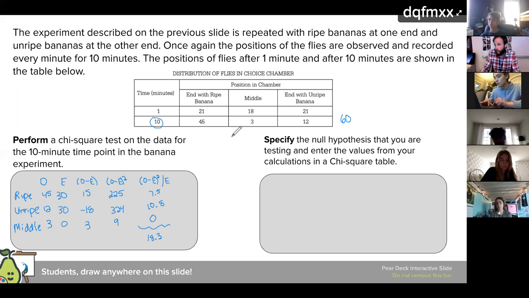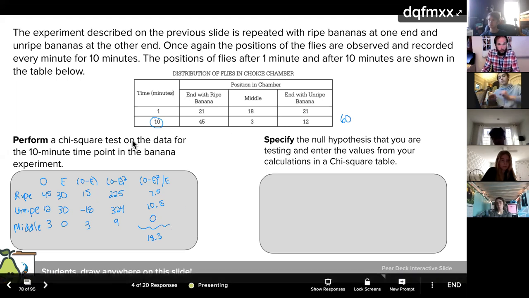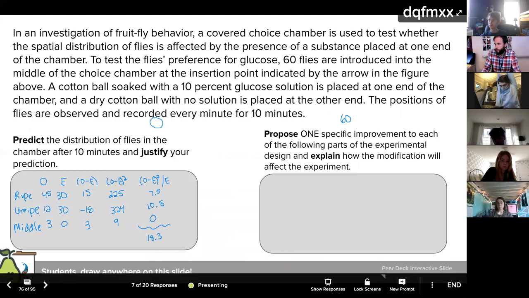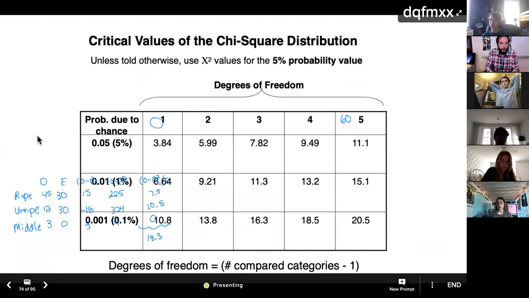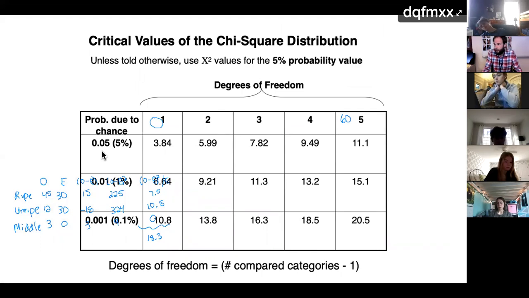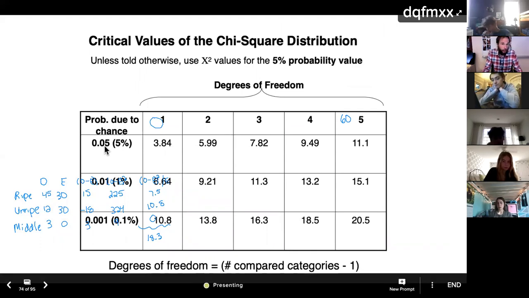So what we need are critical values. Okay, here's our table of critical values. Still going to use our 5% threshold. Our probability due to chance of 5%, or P, is 0.05. Degrees of freedom are calculated a little bit differently this time around.